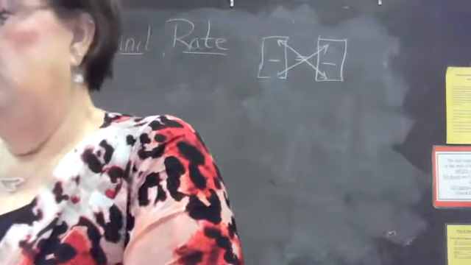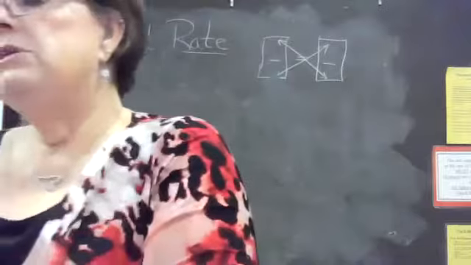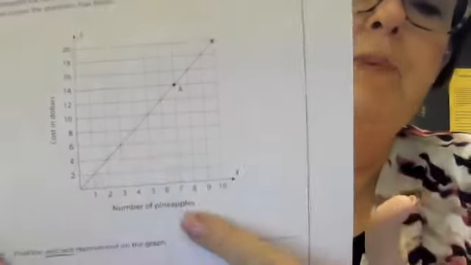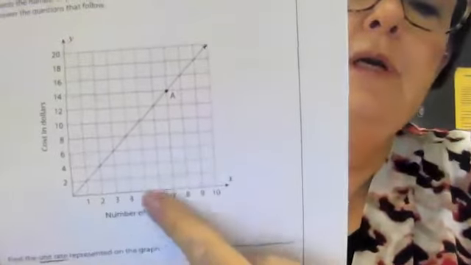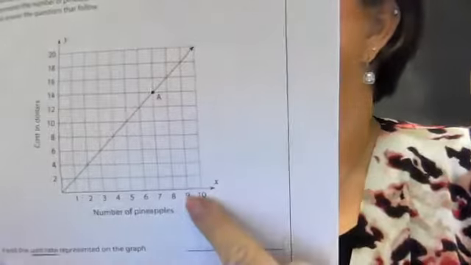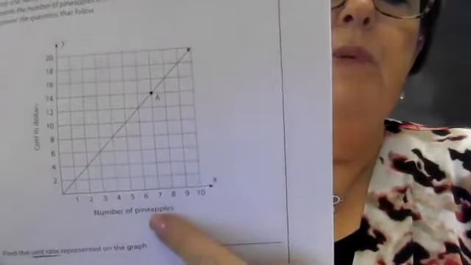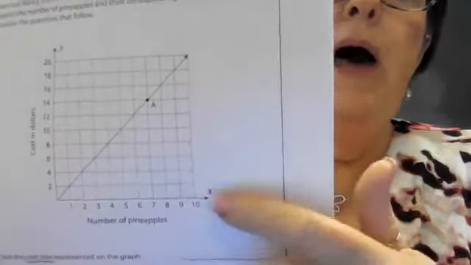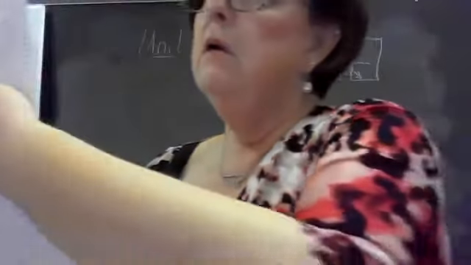Notice at the bottom, they're going to buy pineapples, and here's a graph. Now the bottom part, this 1, 2, 3, all the way to 10, that represents the number of pineapples. And the y-axis up here represents how much it cost.